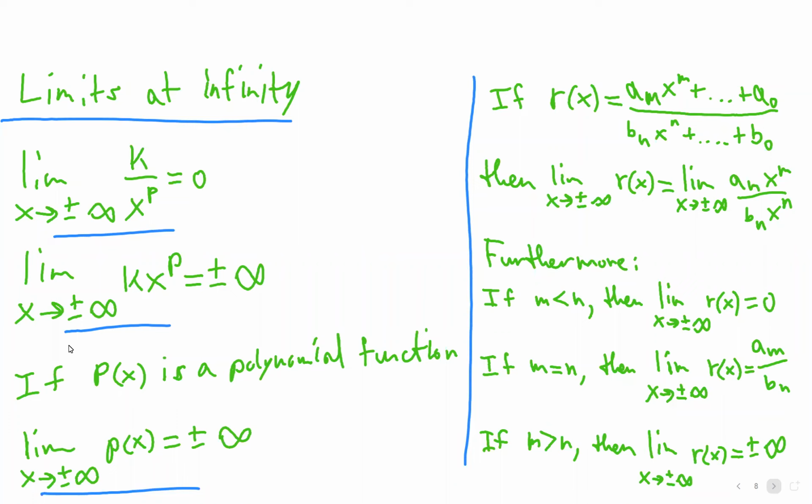Those two terms, the one that's the largest in the numerator and the one that's the largest in the denominator, will be what the limit can be reduced down to for that rational function. So instead of saying limit of x going to plus or minus infinity of rational function r of x, we can just say limit of x going to positive or negative infinity of a sub m x to the m over b sub n x to the n.